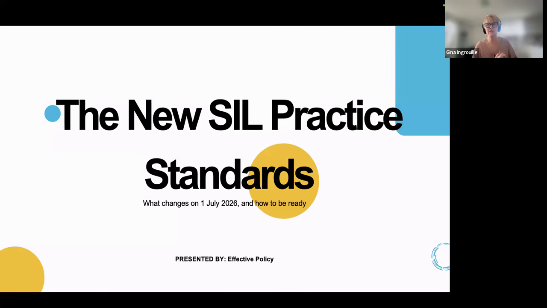So we're going to have a look at these new SIL practice standards. The first day that I read the practice standards, released at the end of 2018 or beginning of 2019 and implemented about July 2019, I thought, where's supported independent living in here? And that was just day one of being a commission auditor.